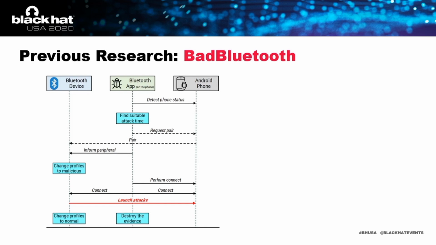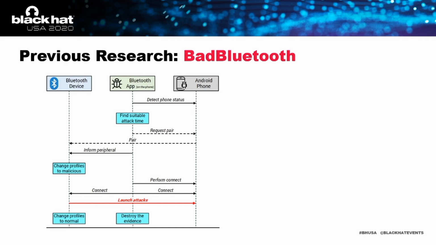For example, first, disguised as a harmless Bluetooth headset, connect to the target phone using the hands-free profile. And then we convert into a Bluetooth keyboard using the HID profile. So we control the target phone.